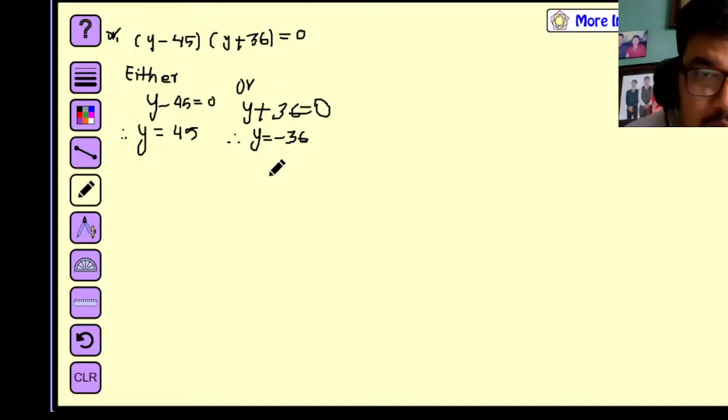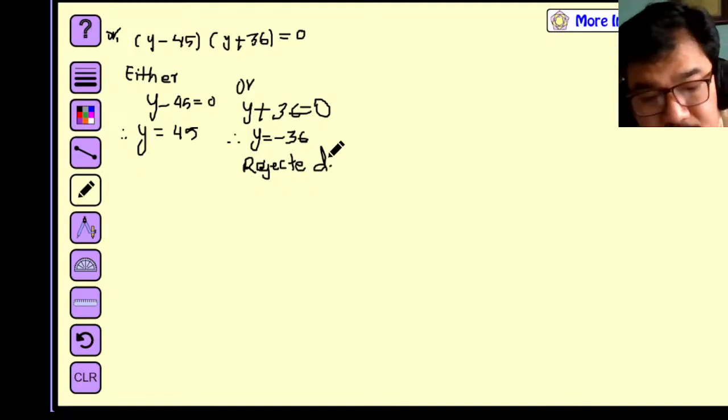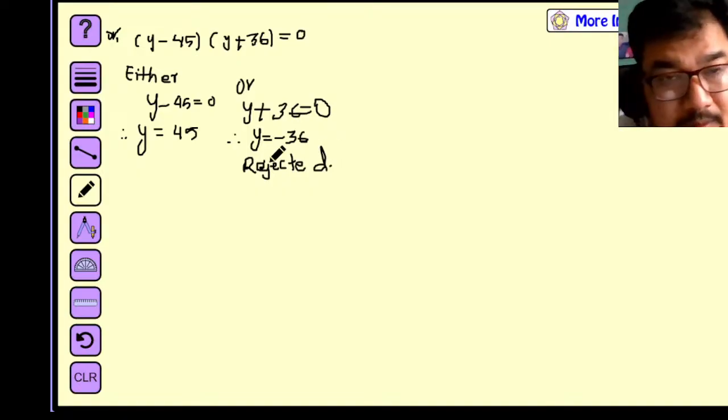This should be rejected. We will not accept this value. It is rejected, this negative one. Now let's take this y value only, the y value is 45.